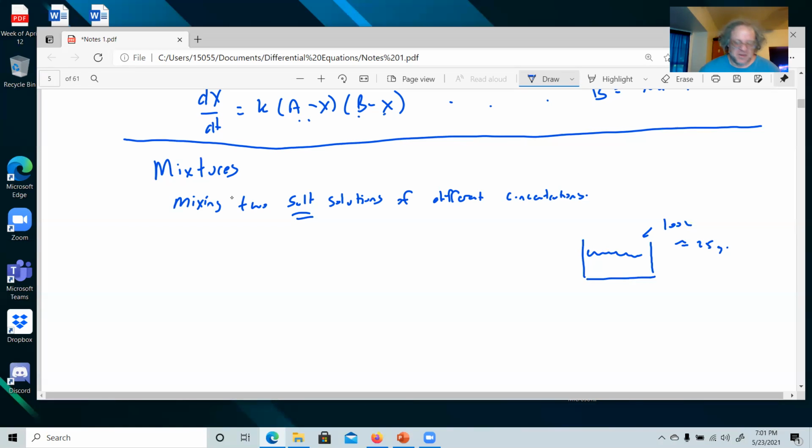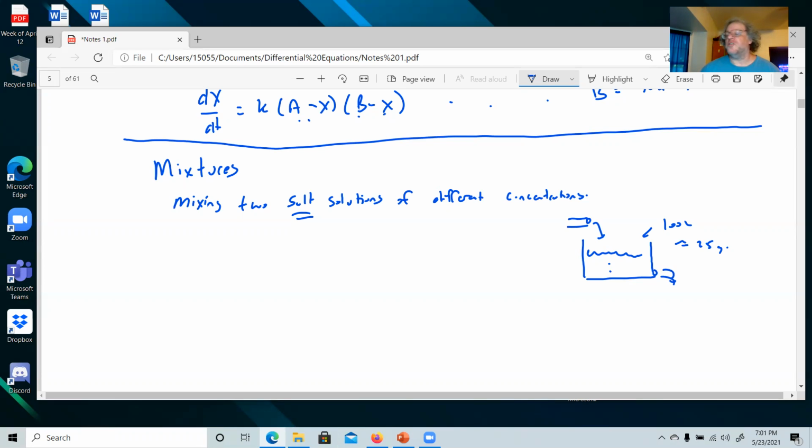So, a moderately expensive fish tank, somewhere about $150 for a 25-gallon fish tank, and it's got a certain amount of salt in it, and by salt I mean food coloring. Then we're going to pour in something that has maybe more food coloring in it, and drain this out at the same rate that it's coming in.